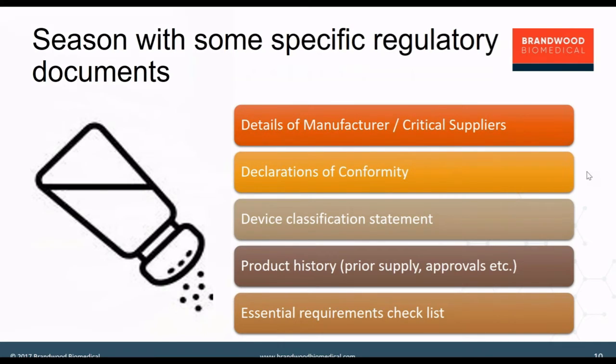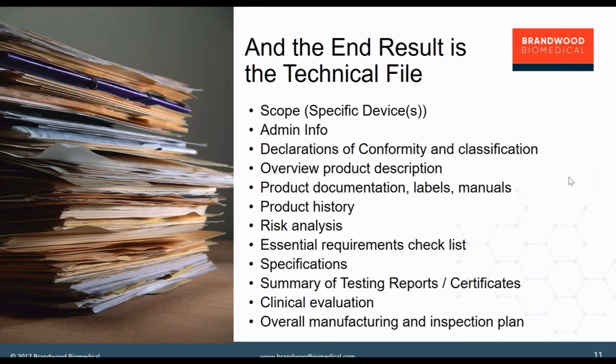And the end result is the technical file. So once the product development is finalized and you've added the administrative and regulatory information within the file, you should obtain essentially a dossier content which looks like this.